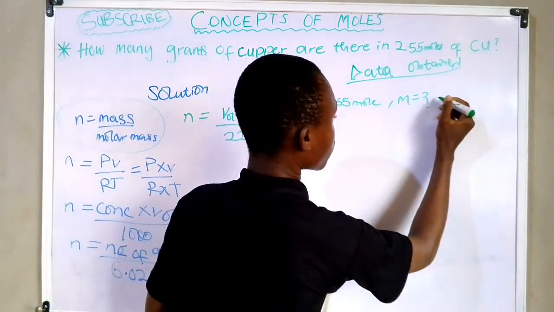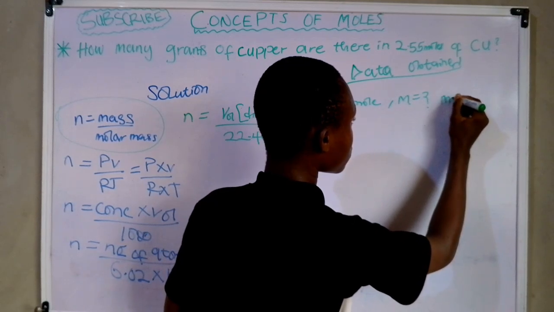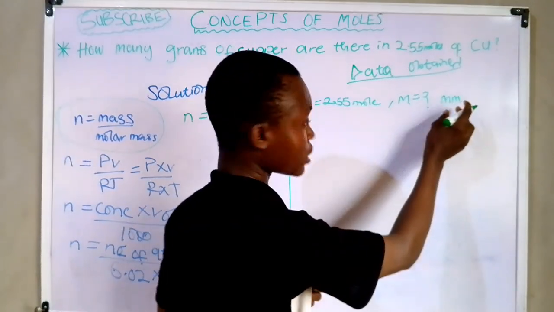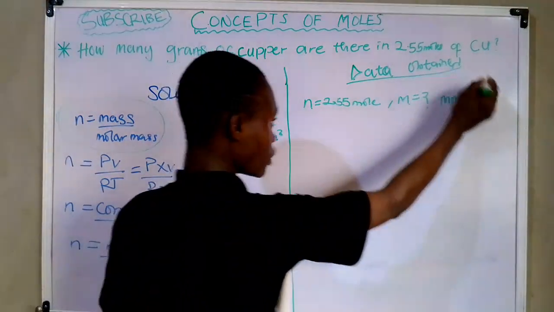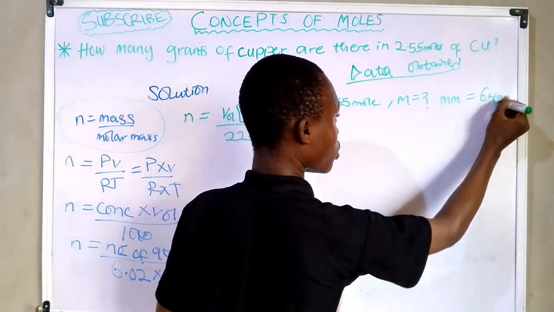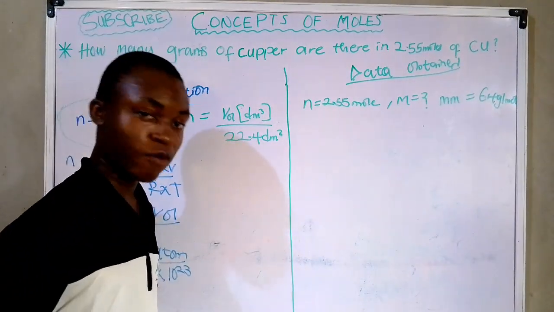Now for the molar mass, I'm going to shorten it. Molar mass is also known as mm. It's equal to 64 grams per mole, because the molar mass of copper is 64.